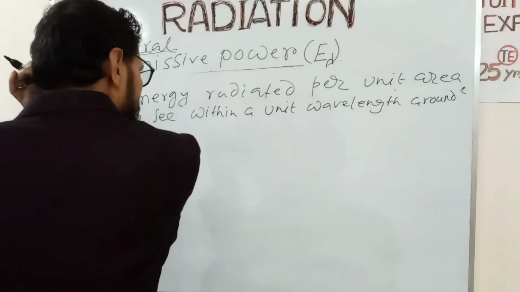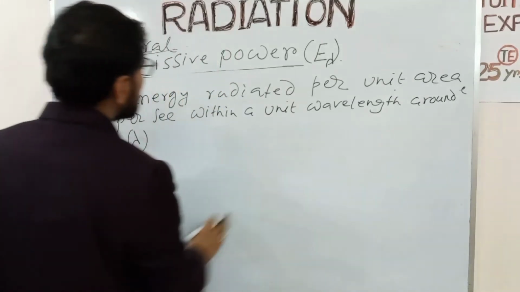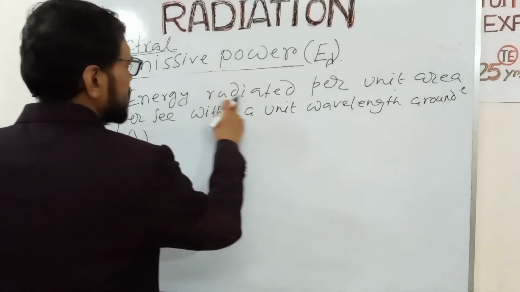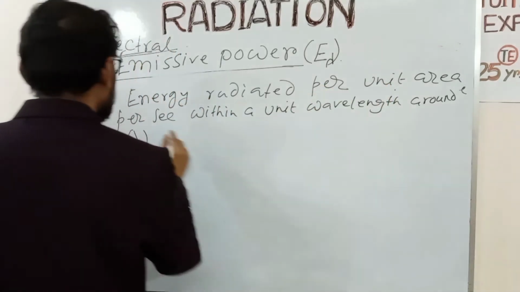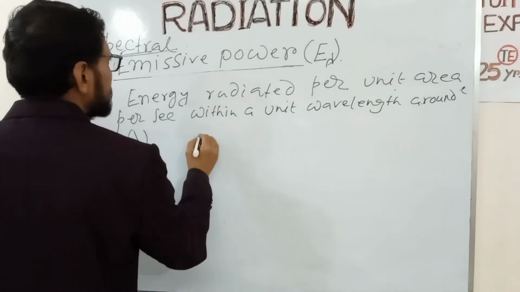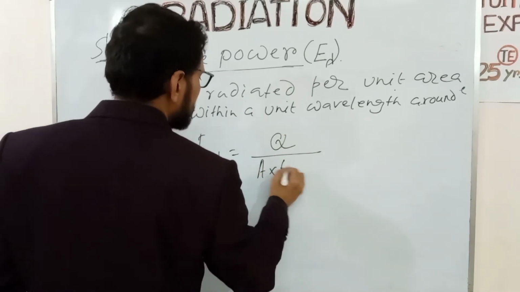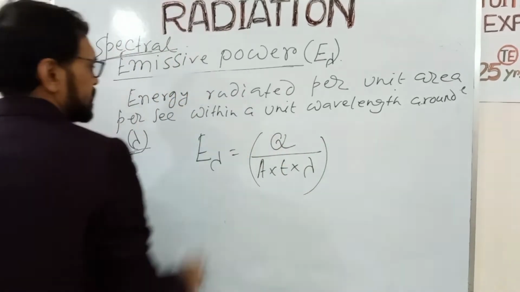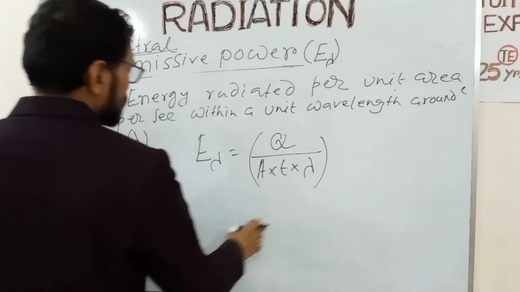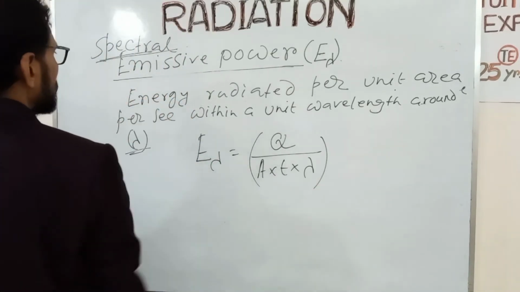Normal emissive power is defined for all the wavelengths, but spectral emissive power is defined as the radiant energy per unit area per second within a unit wavelength around lambda. That is, E lambda is denoted by Q by A into t into delta lambda, that is energy per unit area per second per unit wavelength. So this is the difference between spectral emissive power and normal emissive power.